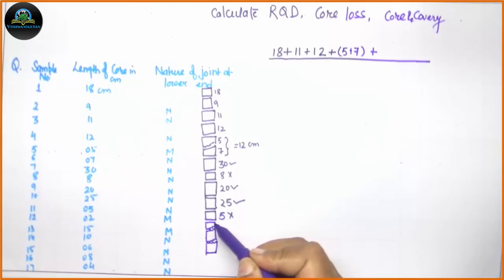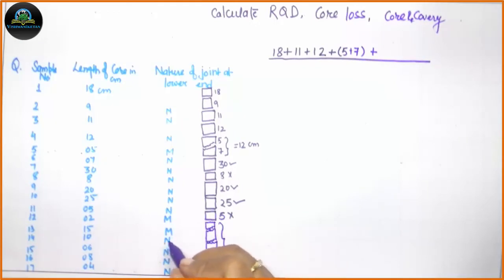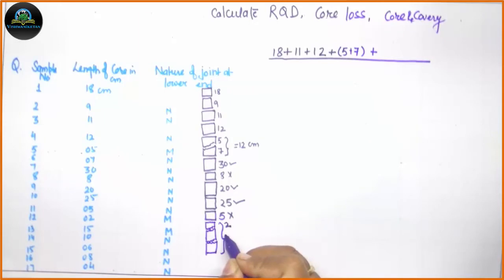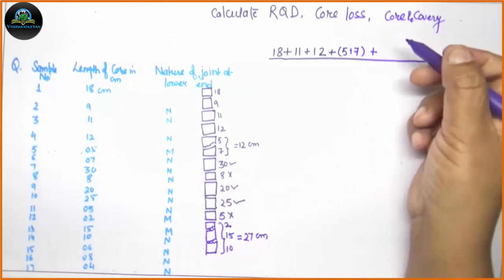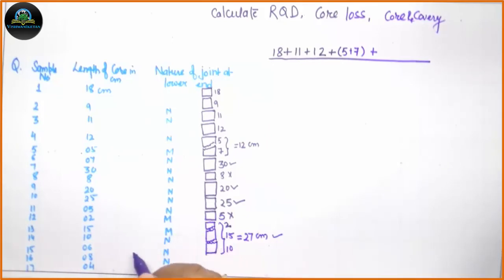We have to keep counting until we get the natural joint at the base. Now I will consider all this part, 2 centimeter, 15 and 10 together. That means 27 centimeter. So it is also considerable.